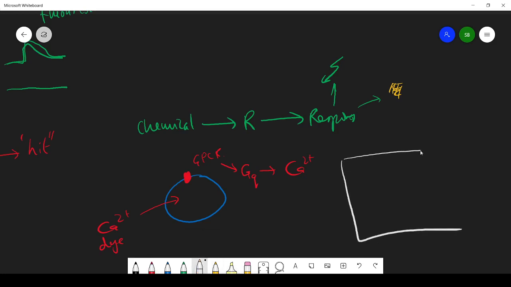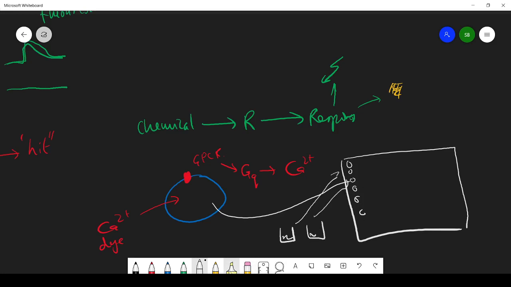You have your plate with many wells, put these cells in each of these wells and add your chemicals, one to each one, until you see one of them gets a fluorescent signal. So your imagination is all that limits how you can create one of these screens.